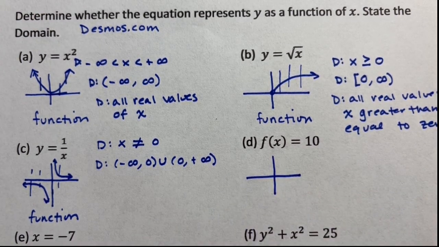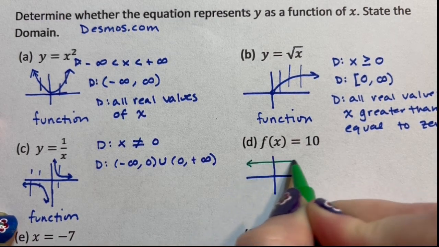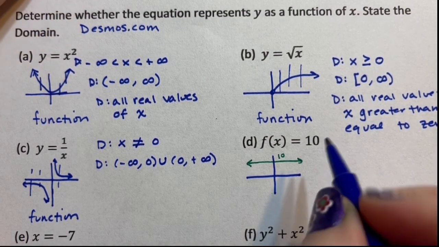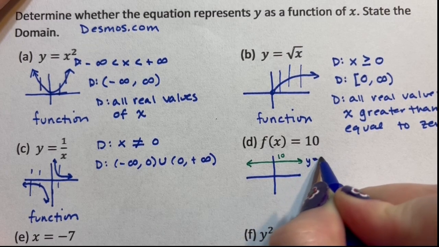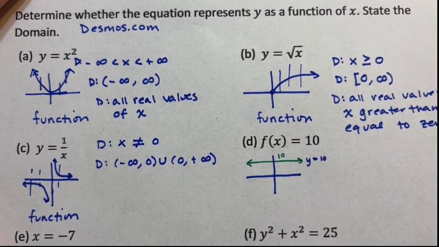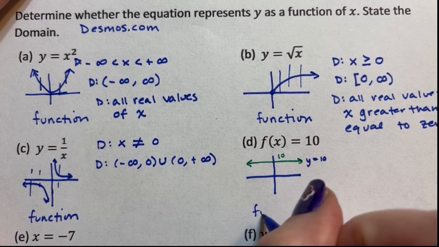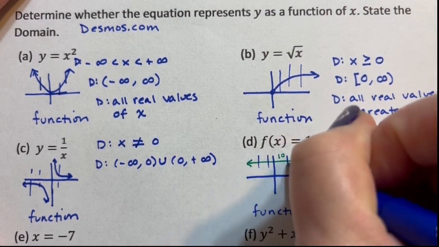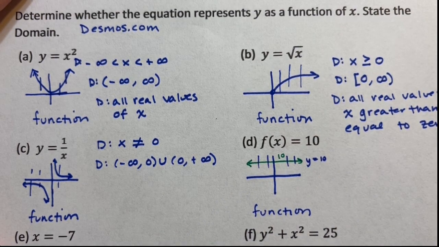the graph of f of x equaling 10 is a horizontal line at 10. And I switched colors because otherwise it would be hard to read. This is y equaling 10. Is this a function? Yes. This is absolutely a function. It passes that vertical line test with flying colors.